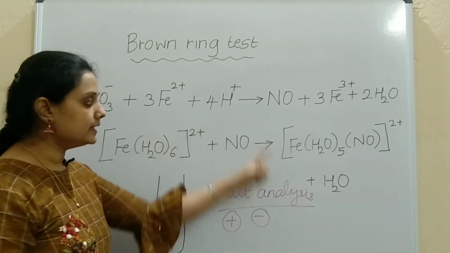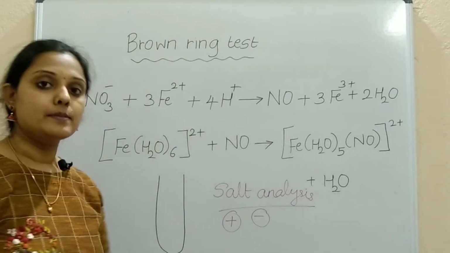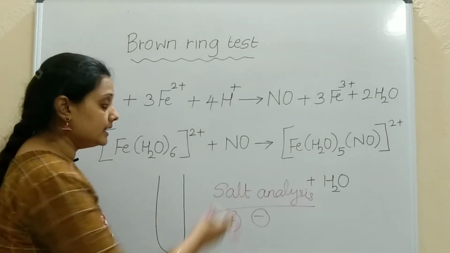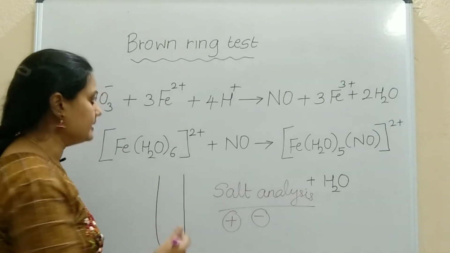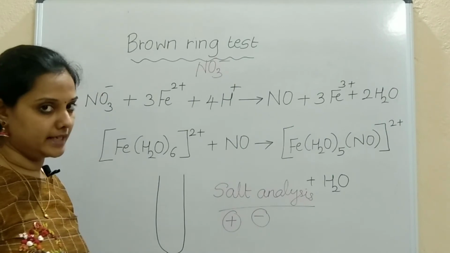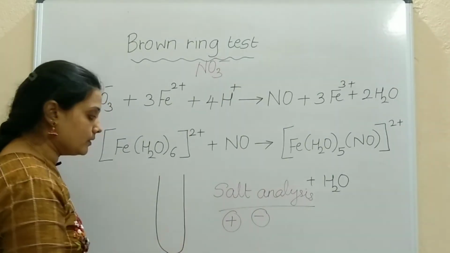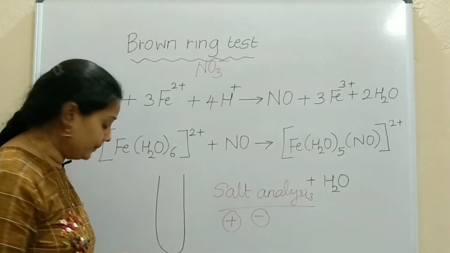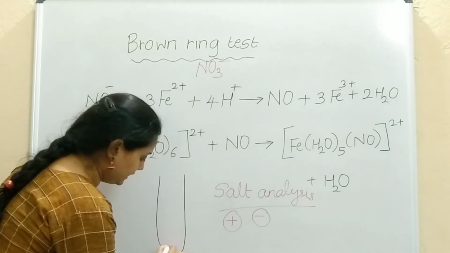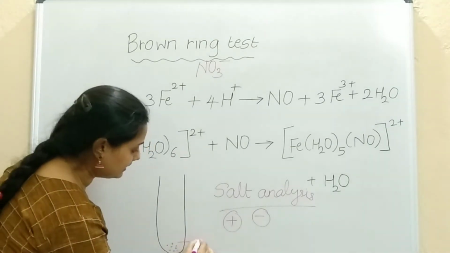Correct? So one of the tests is the brown ring test, and this test is performed to identify whether the negative radical in the sample given to you is the nitrate ion, NO3 minus. So see the test over here. Whatever sample is given to you, you take a pinch of the sample in a test tube.